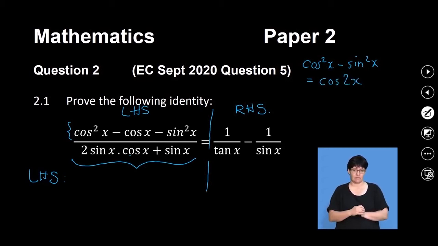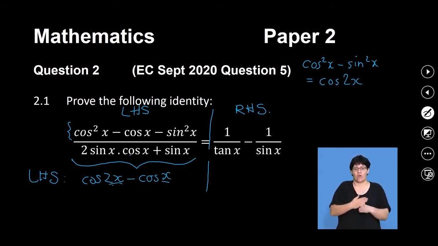All right, that's not going to be very useful though, because if I change that into cos of 2x, the numerator is going to become cos of 2x minus cos of x. And the reason that's not useful is because I can't really work with ratios when they have different angles.